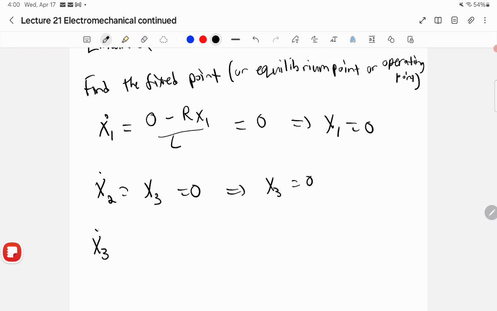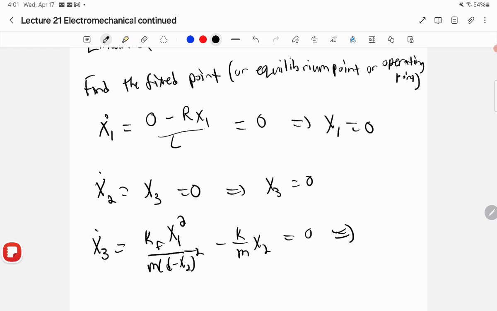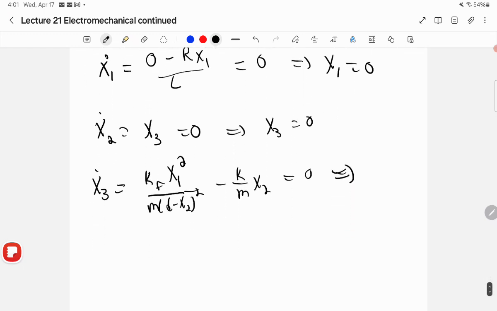And then x3 dot equal to kf times x1 squared over m times (d minus x2) squared, minus k over m times x2, equal to 0 implies that if I substitute in 0 for x1, x2 is also equal to 0.